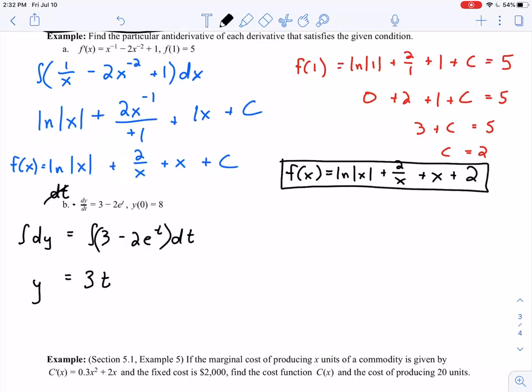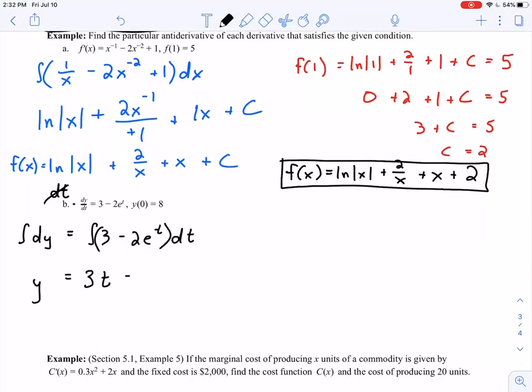Well, I know that that's just going to be negative 2e to the t power. Right? Again, if you're unsure, take your derivative. Check your answer. Derivative of negative 2e to the t, that is, yes, negative 2e to the t. And then, of course, plus my constant of integration, c.